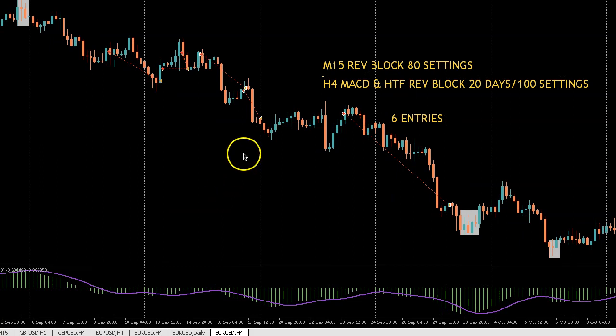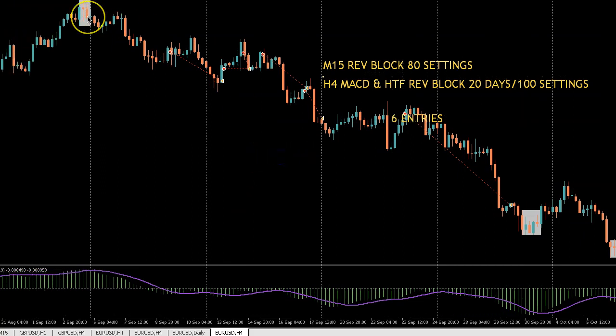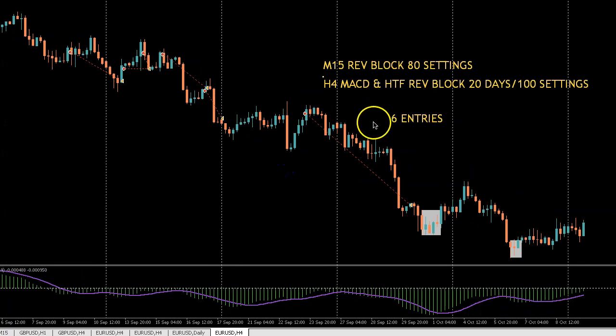The main idea is just pretty much saying, hey, give me a block. Whenever we have a block, that's already a hint of a reversal. And then after that, anything when the MACD is below or above the line. So in here, 6 entries, I think, is really good. It's good to have that extra filter just to give me an idea of what is going on with the market, so I don't get so many crazy entries.